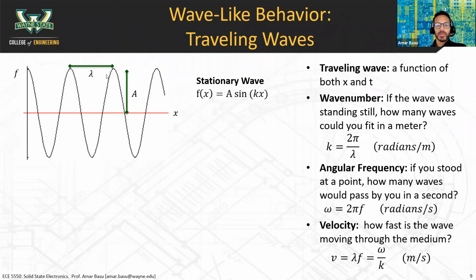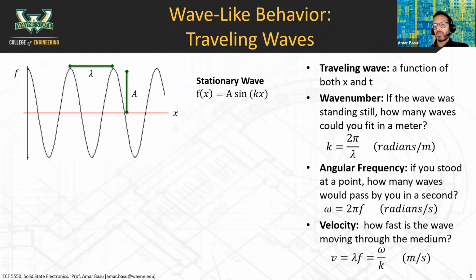And k is related to lambda. The way that it's related is that k is the wave number: k is equal to 2 pi over lambda, so lambda would be 2 pi over k. The way that we define the wave number is, if the wave was standing still, not a traveling wave yet, just a stationary wave, how many waves could you fit in a meter?